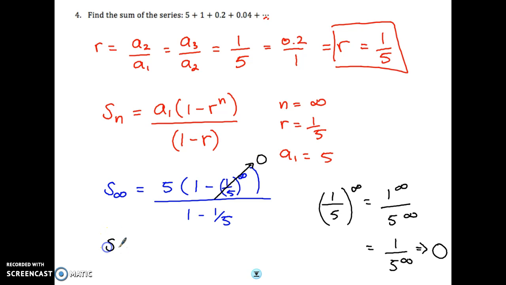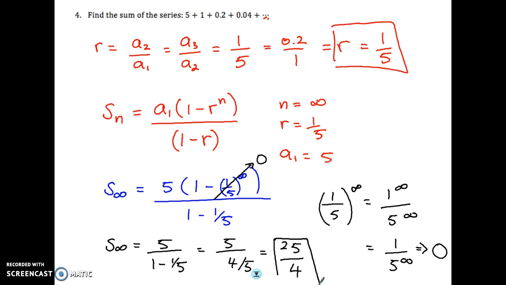And what we end up having is that the sum to infinity is really just 5 over 1 minus 1/5. And in this case here, that value is 5 divided by 4 over 5, and that's really 25 over 4.